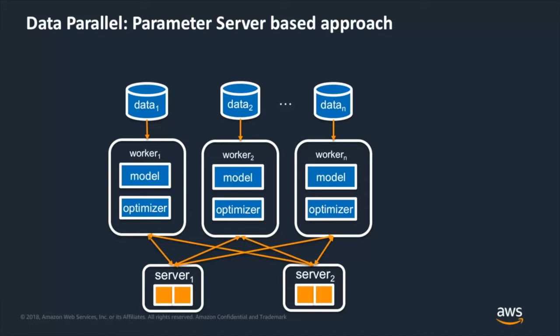And as we scale the number of workers to maybe 16, 32, 64, or even larger, the network bandwidth becomes a bottleneck because you cannot simply pass so many parameters to the server, even with a very fast network today.